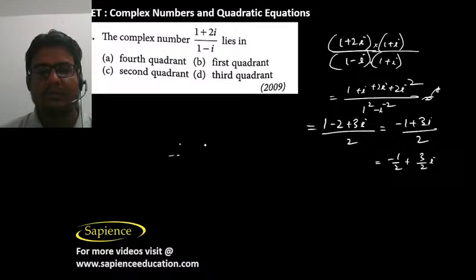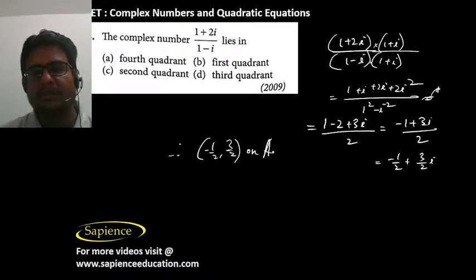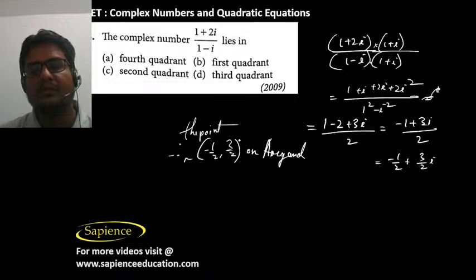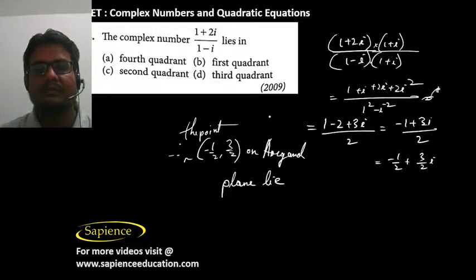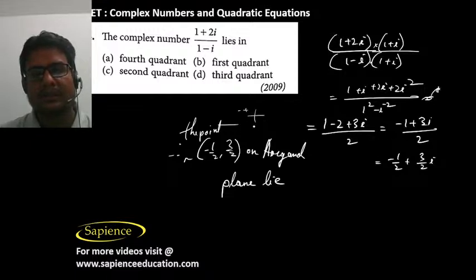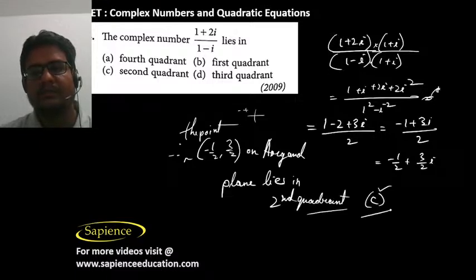Therefore we plot the point (minus half, 3 by 2) on the Argand plane. It lies in which quadrant? Minus plus is in the second quadrant. So therefore option C is the correct answer.